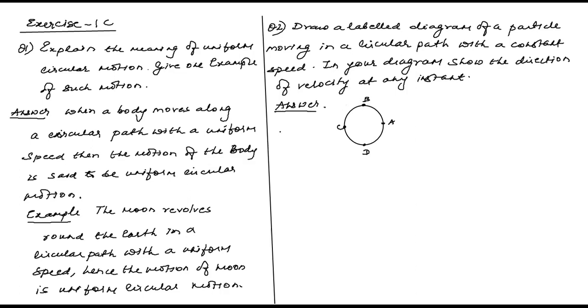At every point, the direction of the velocity is shown by a tangent line.